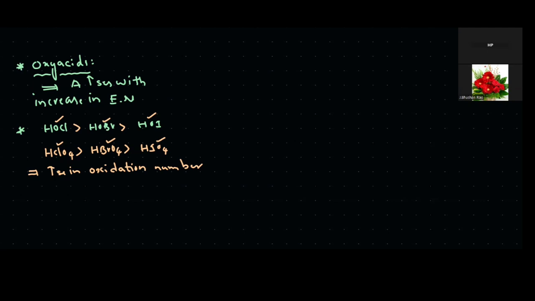Now look here, all of you. HClO4, perchloric acid. Now HClO3, chloric acid. Next one, HClO2, chlorous acid. Next, HOCl or HClO. This one is called hypochlorous acid.